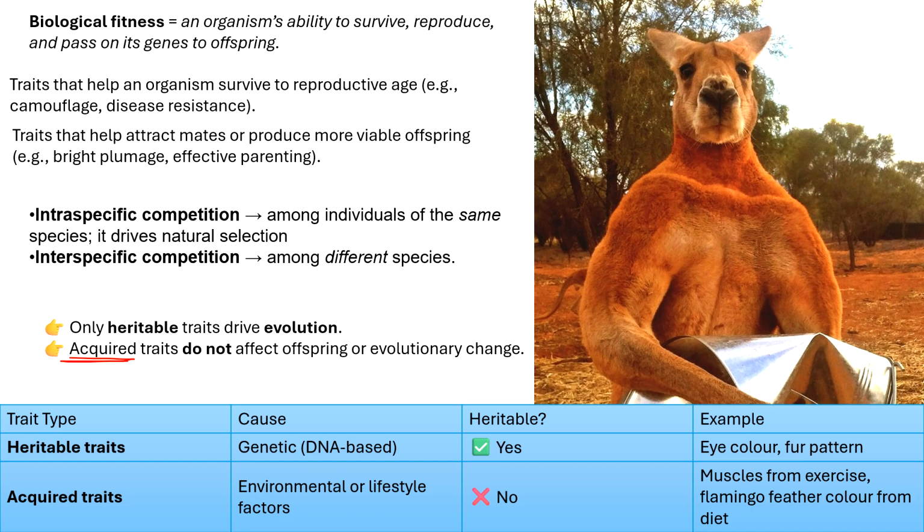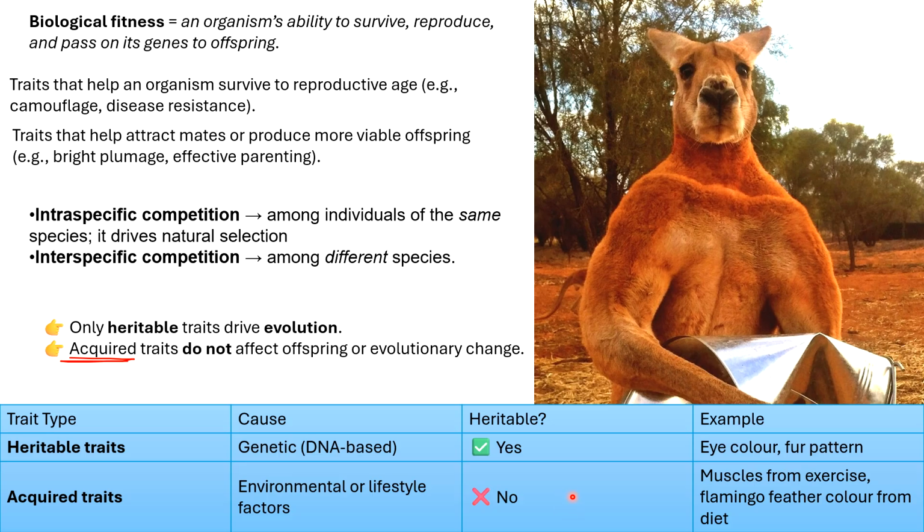Let's look at an example. Heritable traits are genetic or DNA based, and they are heritable, of course. Examples of these are eye color, which you get from your parents, or the pattern of fur from parents. Now, acquired traits are traits that are caused by environmental or lifestyle factors.